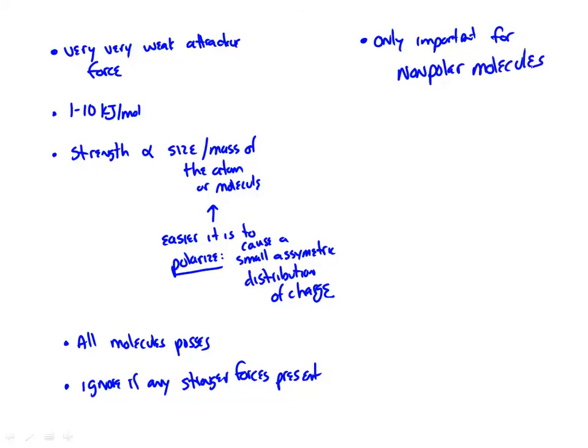So what's a good example of a nonpolar molecule from chapter 7? Nonpolar molecules are usually symmetrical and they don't have large differences in electronegativity between the atoms. So probably the classic example is methane. And what we're saying is that the only attractive force between one methane molecule and another methane molecule is simply this London dispersion force.